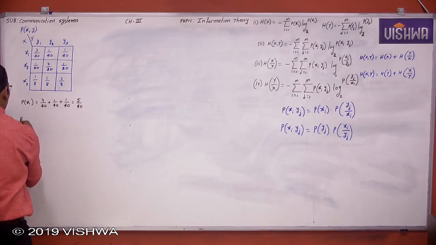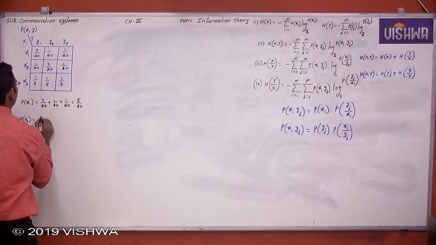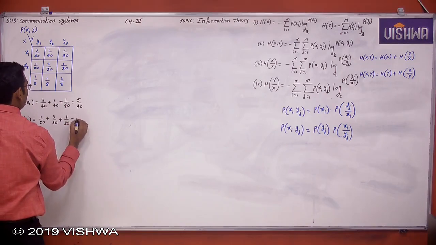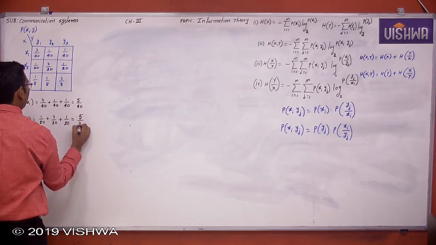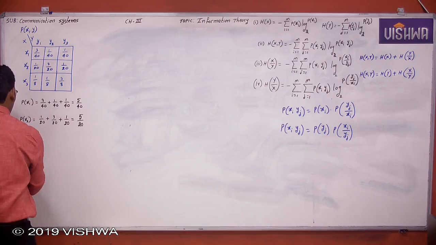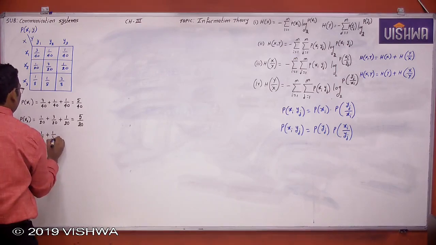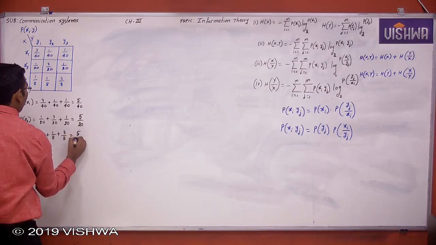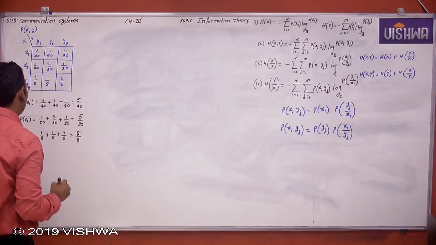Now p of x2 is equal to 1/20 plus 3/20 plus 1/20, which is equal to 5/20. Now p of x3, what is p of x3? 1 by 8 plus 1 by 8 plus 3 by 8, which is equal to 5 by 8.